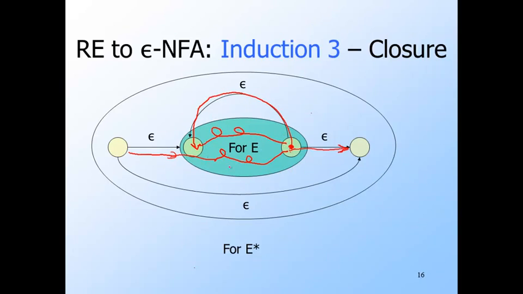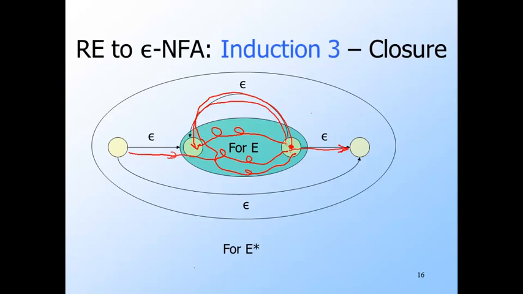Now we have a path that has a label that is the concatenation of two strings from the language of E. And we can go back again, take another path, and the label of that path would now be a concatenation of three strings from E, and so on.